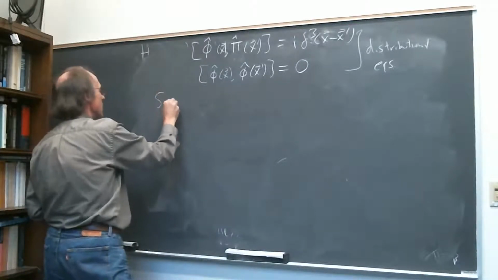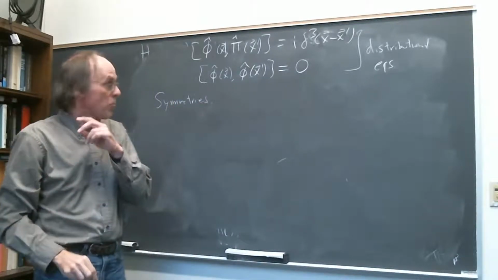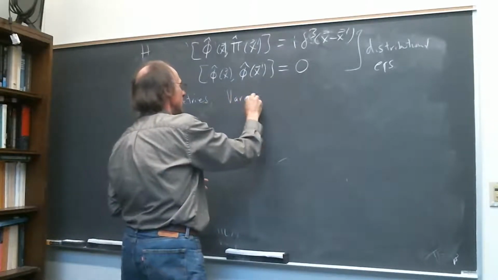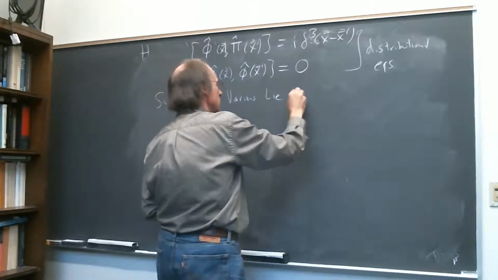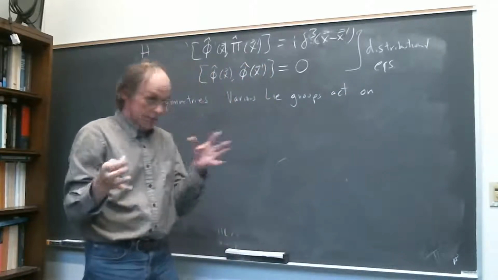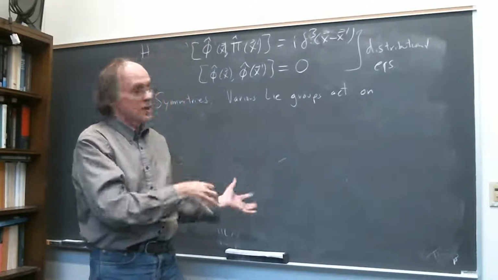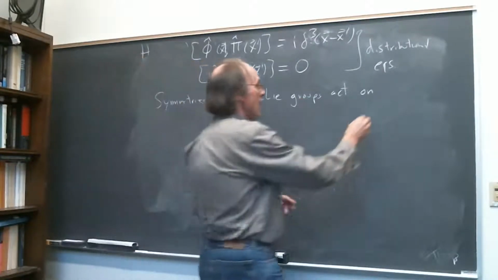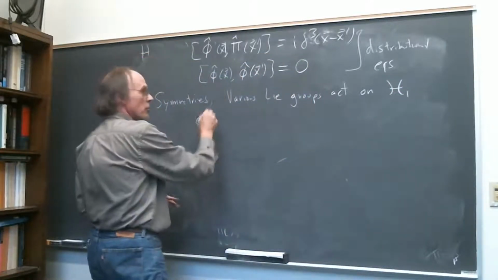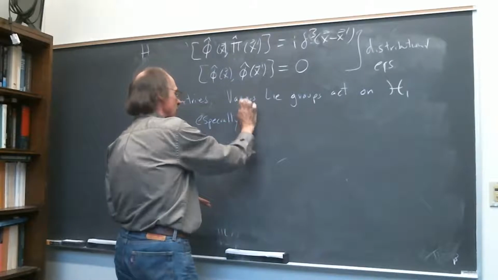The point is that various Lie groups act, various Lie groups whose action commutes with the Klein-Gordon operator, and which take the solution space to the solution space. So they act on H1, and especially the one we're really interested in in this case, the Poincaré group.